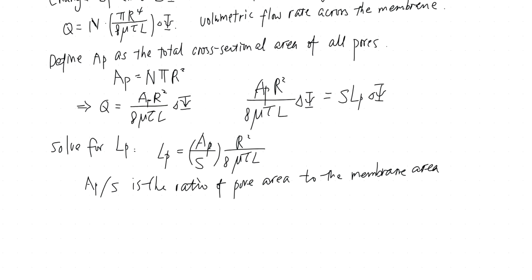So now we can define epsilon equals A_P divided by S. This epsilon is called the porosity of the membrane.